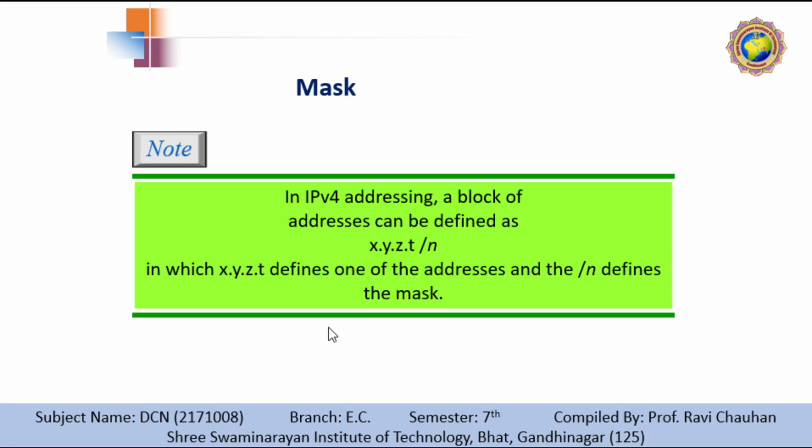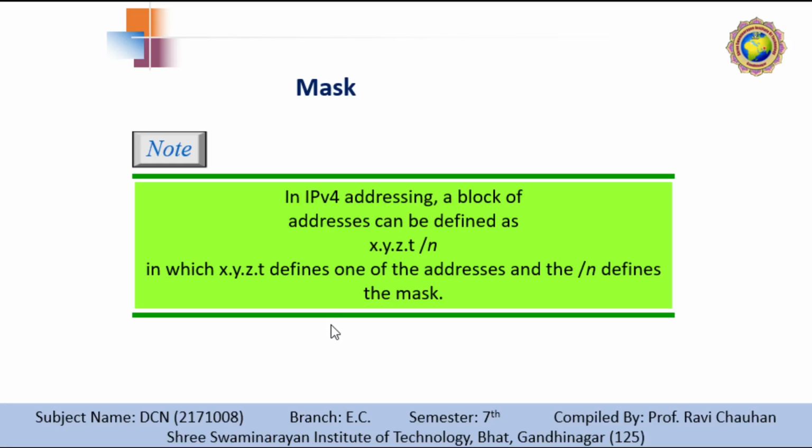A better way to define a block of addresses is to select any address in the block, called the address, and the mask. As we have discussed before, the mask is a 32-bit number in which the n leftmost bits are ones and the 32 minus n rightmost bits are zeros.